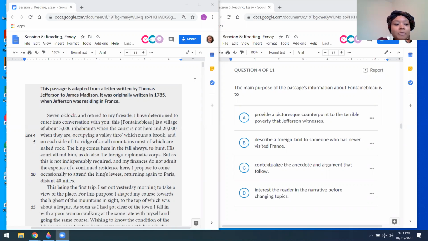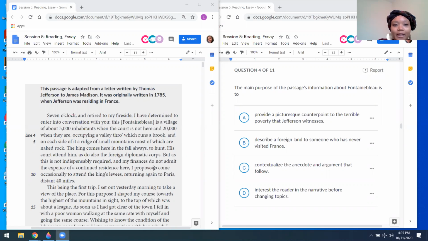I remember I wrote down your responses. BR, you said it was gloomy, the impression you got from the first paragraph. DM, you said he was describing the village and what goes on. ML, you said he was just describing this area.